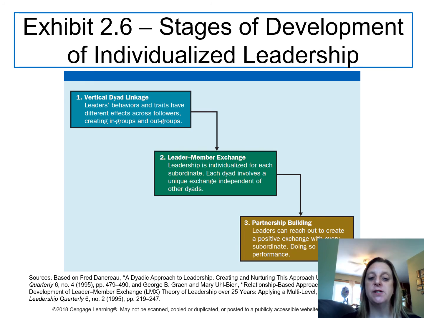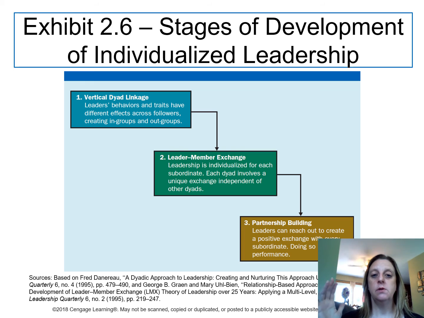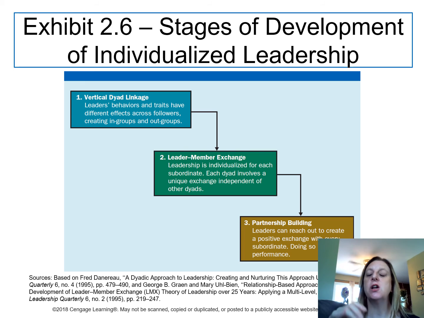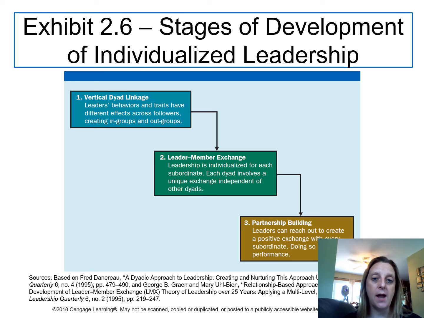Individualized leadership is based on the notion that a leader develops a unique relationship with each group member, which determines how each relates to each other. And under this view, leadership is a series of dyads. So you have multiple people working in the same organization or the same environment, right?